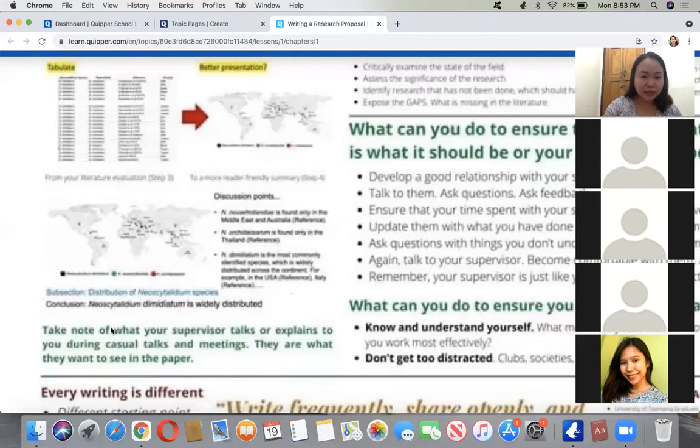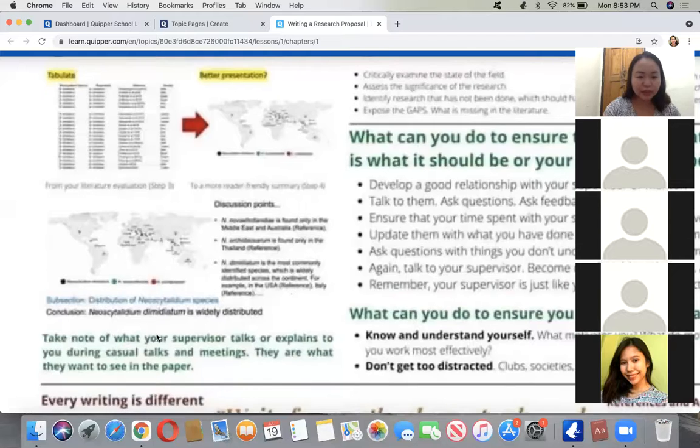And then take note, under pala dito, of what your supervisor talks or explains to you during casual talks and meetings. So, usually kung sino yung advisor ninyo, sa inyong OJT lang naman, you will have one supervisor. So, that would be Ma'am Nora Propesio.